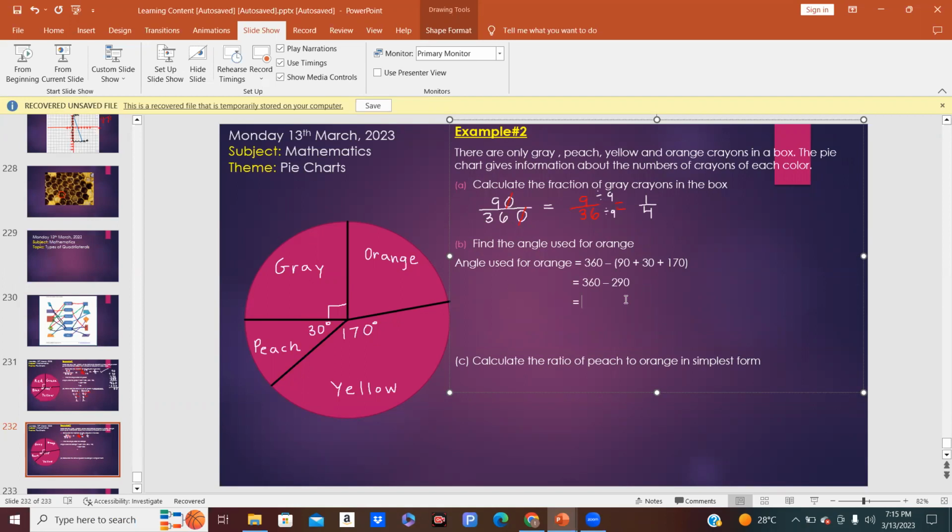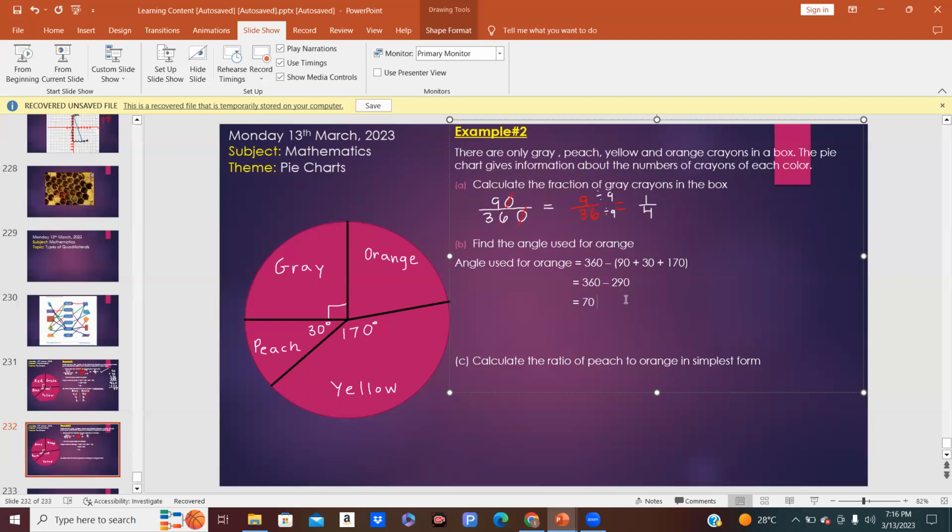What is 360 minus 290? 70. So the angle used for orange is going to be 70.